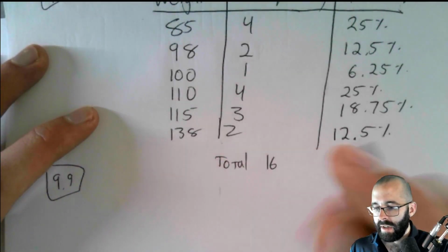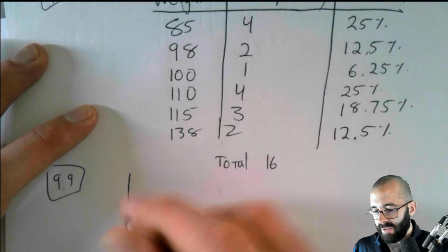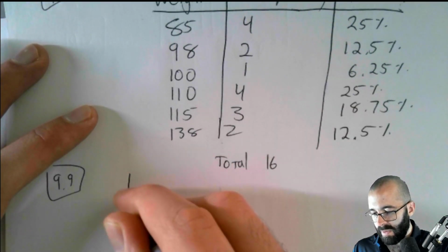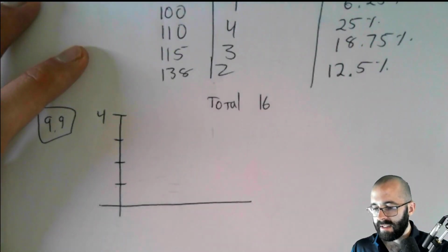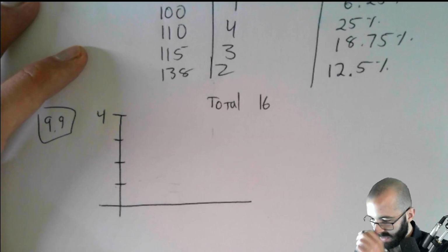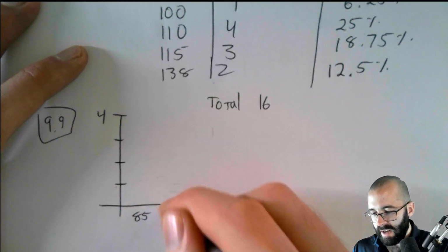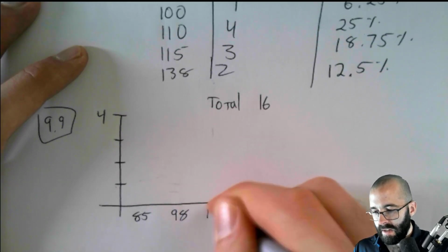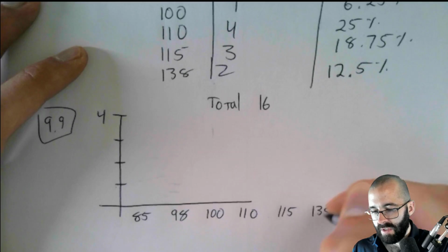Okay. So the y-axis is always going to be frequency. The highest frequency is 4, so make sure that we go up to at least 4. And the x-axis is going to be our values. Before they were colors, and now they're going to be weights. So 85, 98, 100, 110, 115, and 138.